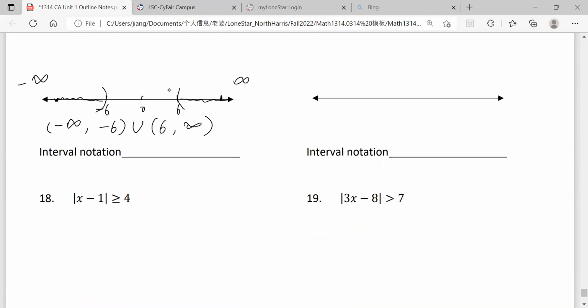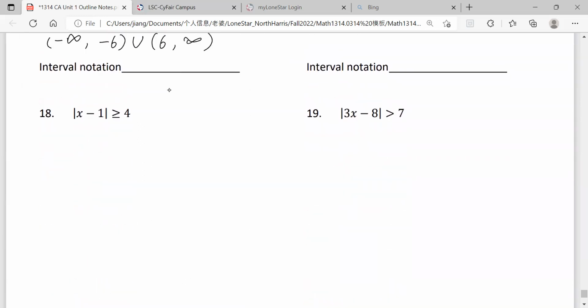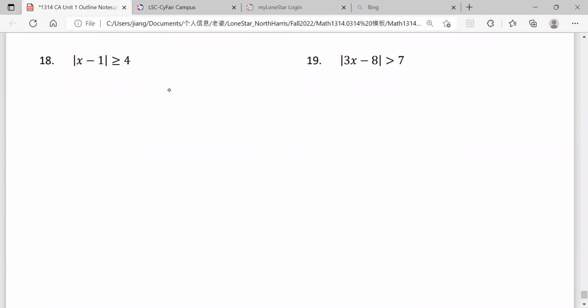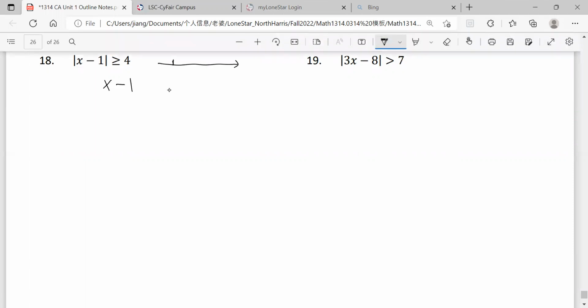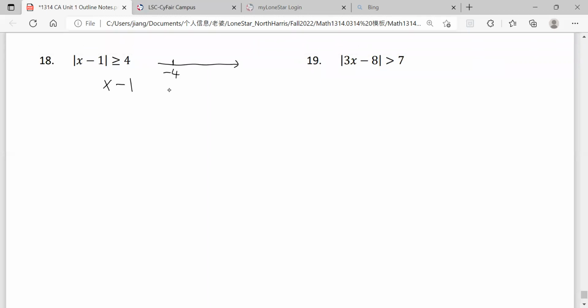And then let's solve another one. If the absolute value of x minus 1 is greater than or equal to 4, that means x minus 1 has two intervals because we find -4 and 4.